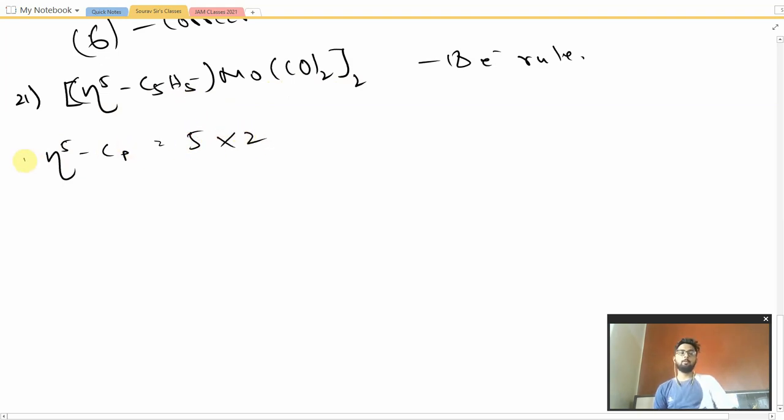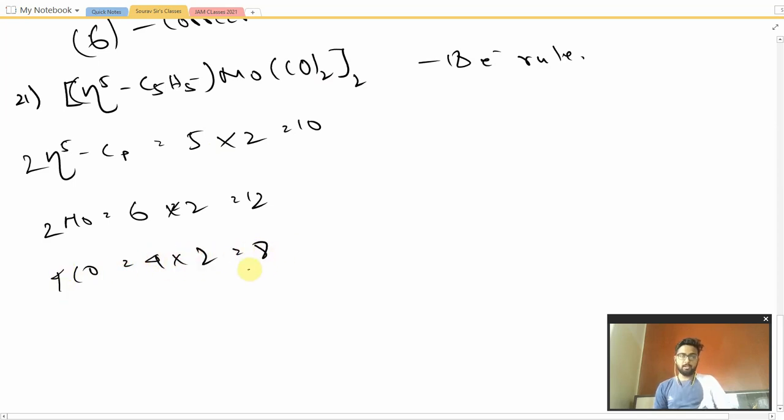Therefore, two of them would be contributing a total of 10 electrons. Molybdenum single-handedly contributes 6 electrons, so 2 Mo would be contributing 12. And CO itself contributes 2 electrons, but here there are 4 CO, so 4 into 2 would be giving 8.